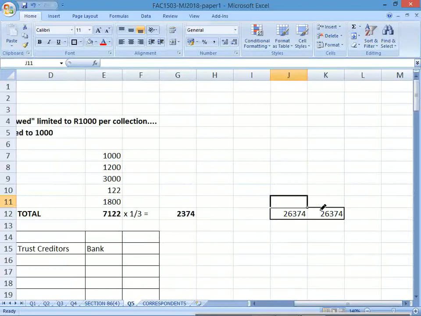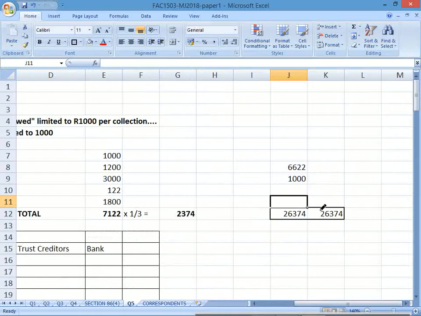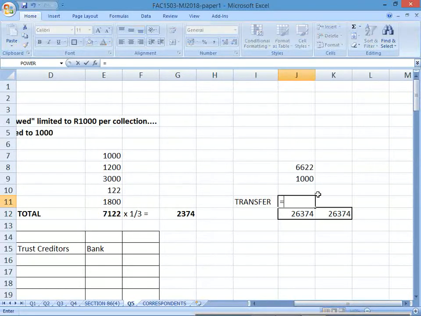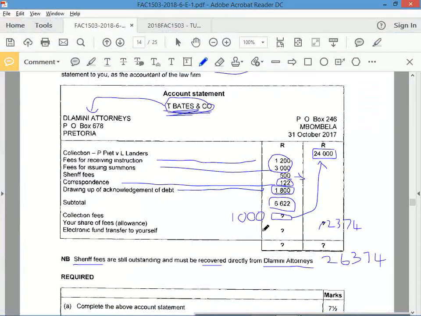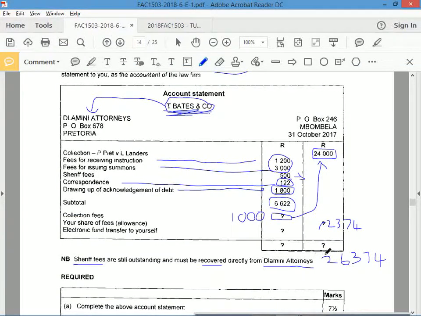26,374 minus 1,000, so 1,000 here, and then 6,622 gave you a fund transfer of the difference. So this minus those two would have given you that difference. The figures that are missing here would have been the 26,374 you would have put in both.